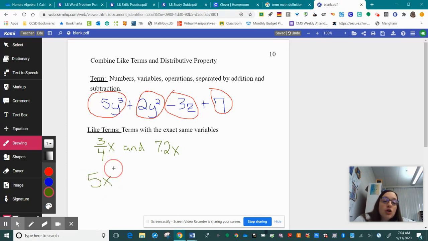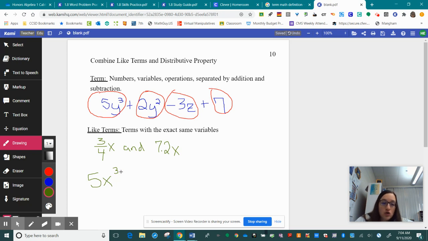x cubed. See how that one's just one x? That's three x's. Be careful. Yes, they both have x's, but these are not like terms to each other. Because this is x cubed, there's three of those x's. So they need the exact same variables, including the exponent has to be exactly the same.